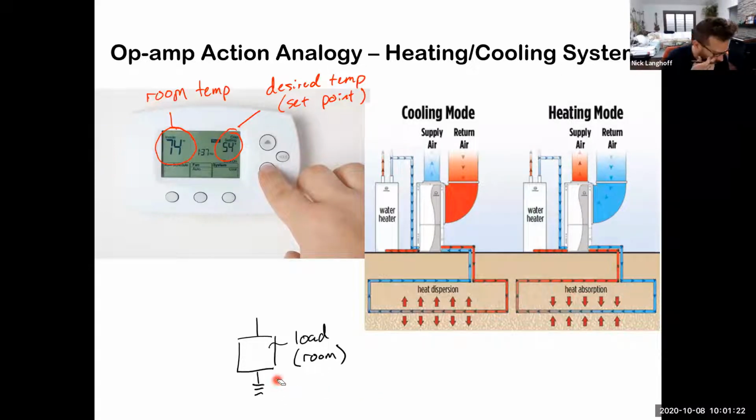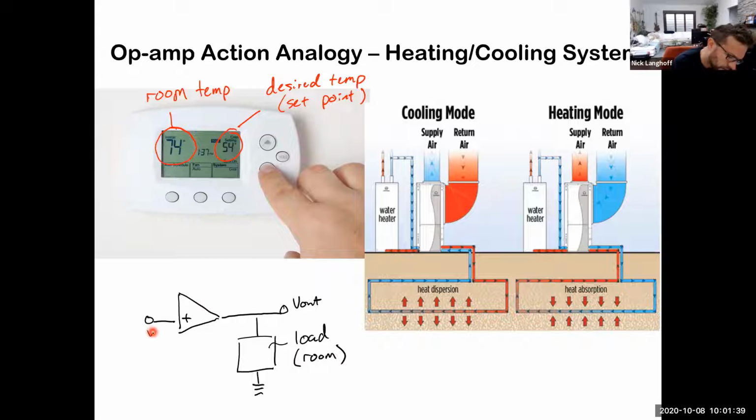Then we have the controller itself, and that's our amplifier. Here's V out of the amplifier. On the non-inverting terminal, this is VP. That is like our set point temperature.